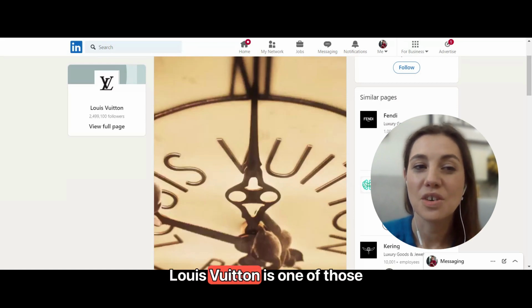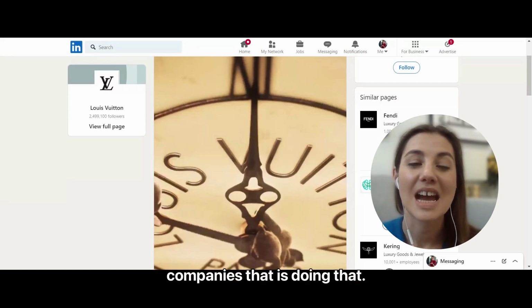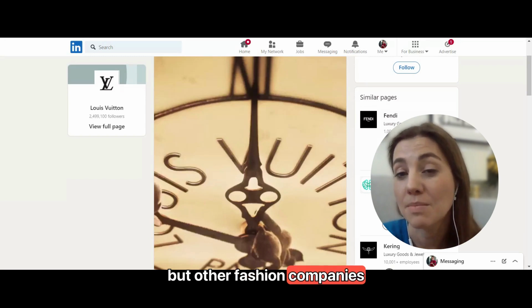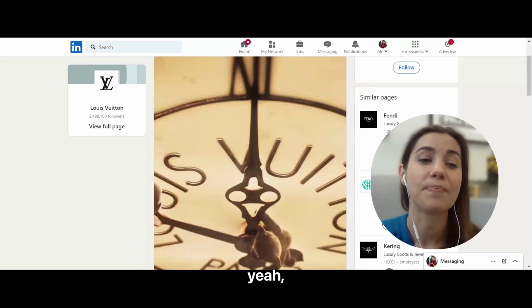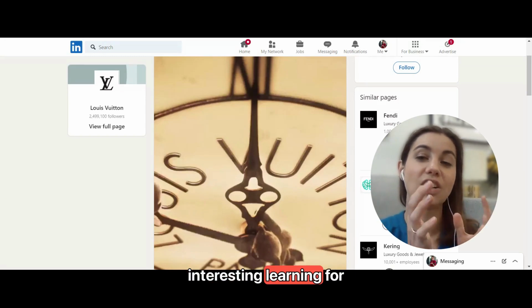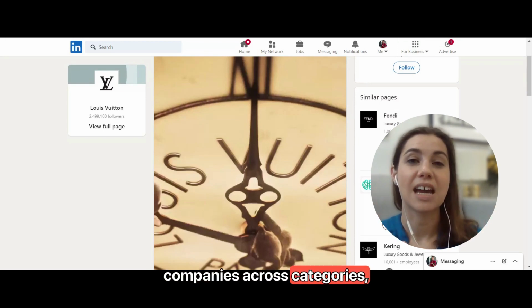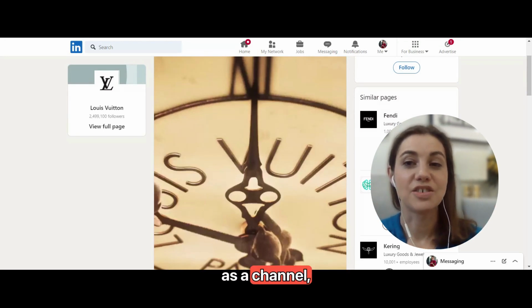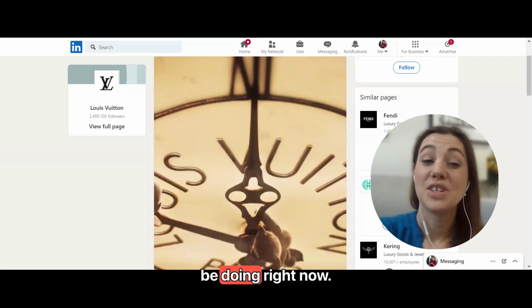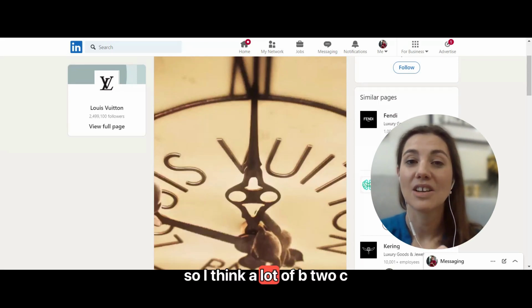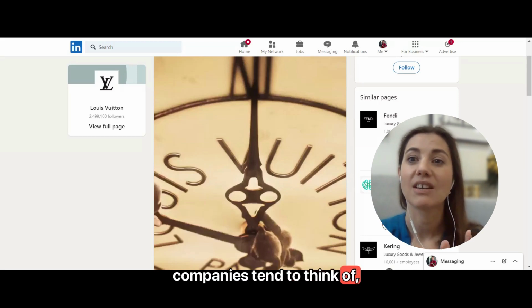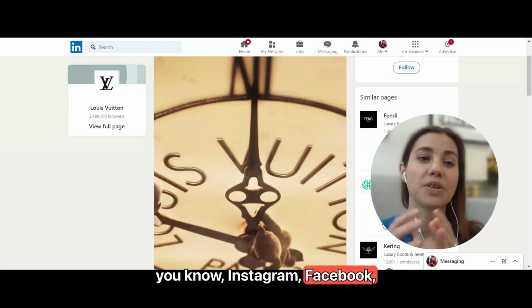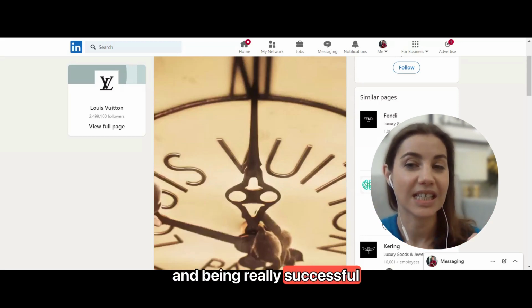So yeah, Louis Vuitton is one of those companies that is doing that. But other fashion companies are doing it as well. And I think that's really an interesting learning for companies across categories to maybe consider LinkedIn as a channel, which they might not be doing right now. So I think a lot of B2C companies tend to think of Instagram, Facebook, TikTok, etc., being really successful there.